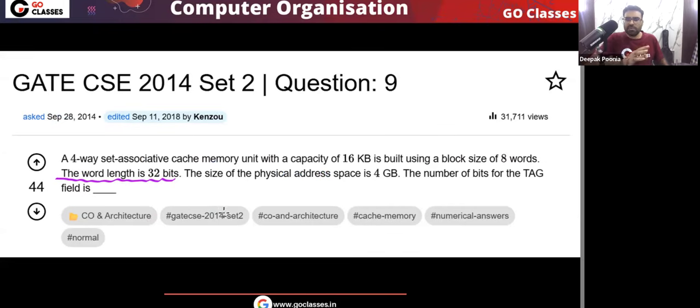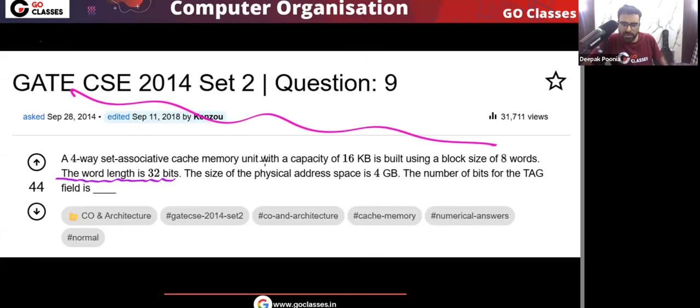Here, is it explicitly given in this question? No, it is not given. So by default, main memory is always byte addressable. So in this question also, you need to consider that main memory is byte addressable. Don't consider main memory to be word addressable unless it is explicitly written in the question.